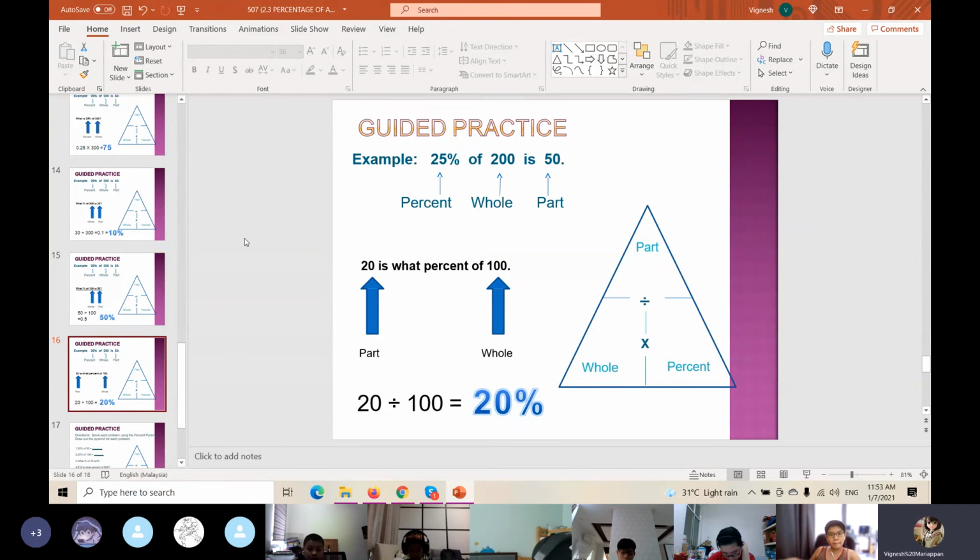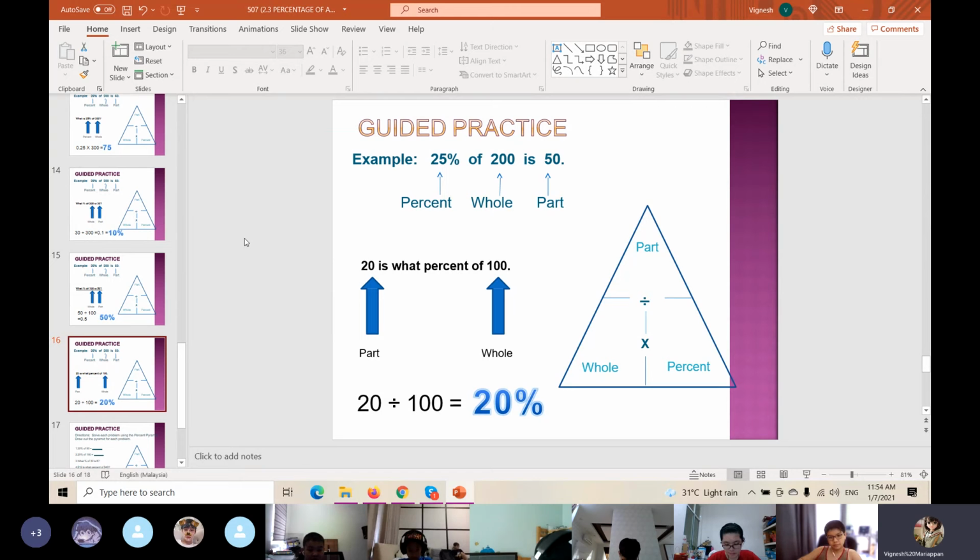20 divide 100. Oi, I want the formula first. What divide what? Part divide whole, correct? Yes. Okay, what is the value of part, Jingza? 20.